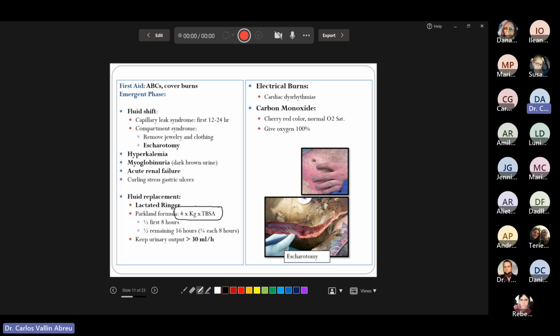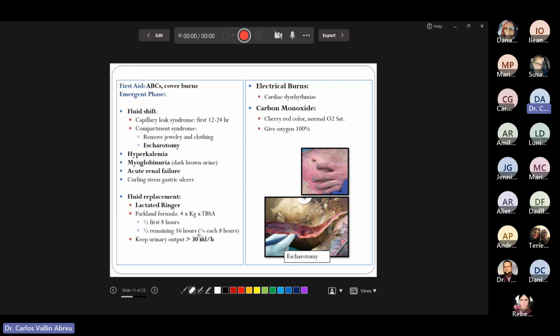The Parkland formula has three components. One is a constant. A constant is a number that doesn't change, like pi, 3.1416. Okay, this is a constant. It is 4 for all the clients.